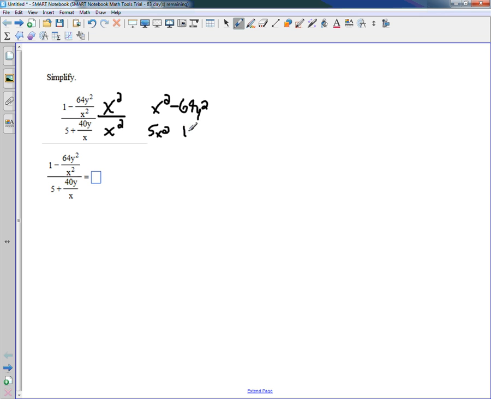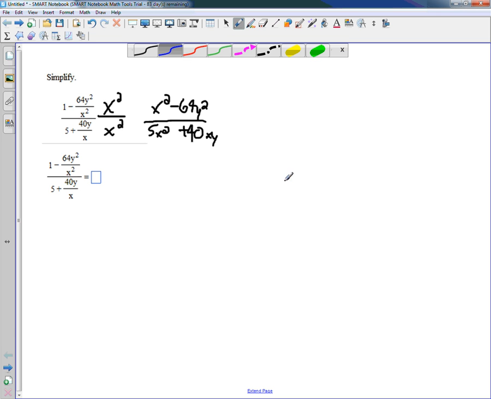So I have plus 40xy. That's a little messy, so let me rewrite that. Okay, so this is what we are now left with.